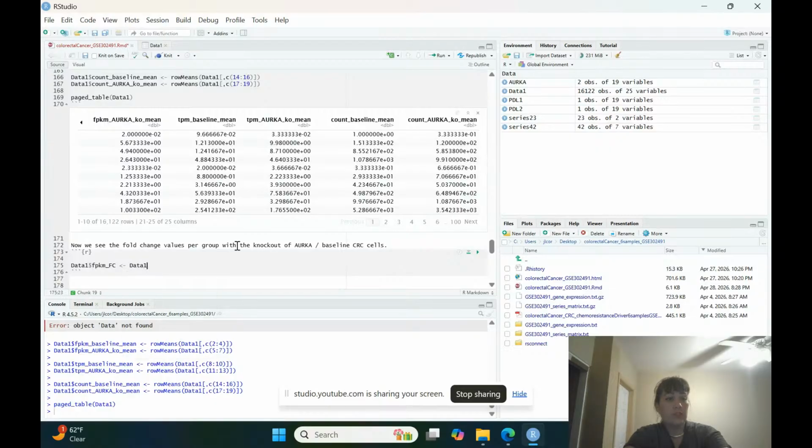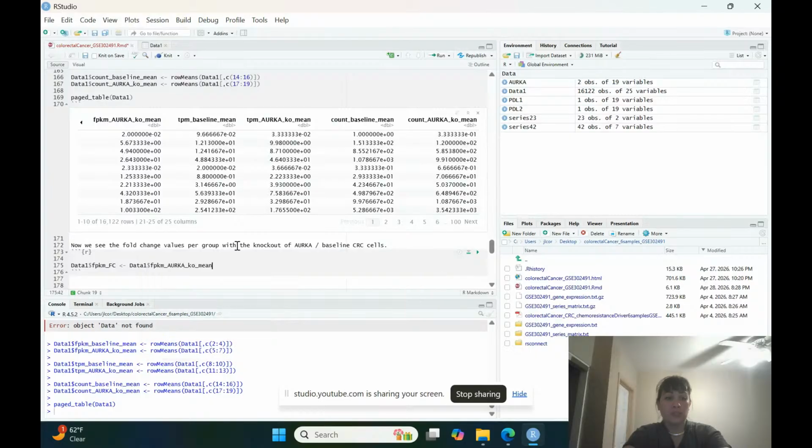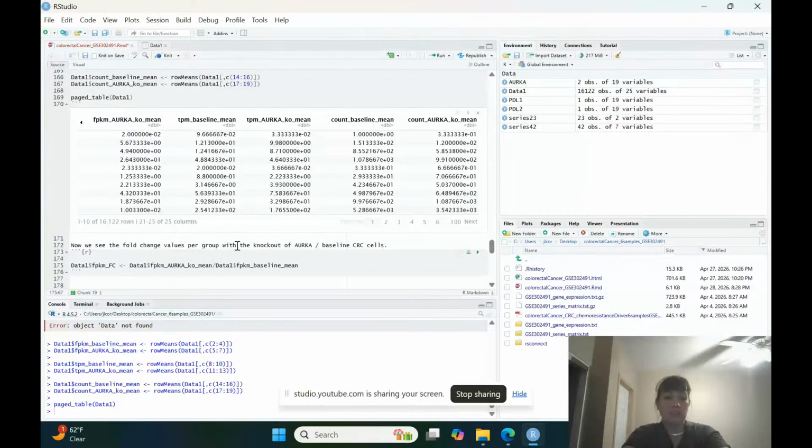So it's data 1 by ARCA knockout mean divided by data 1 by FPKM baseline mean.